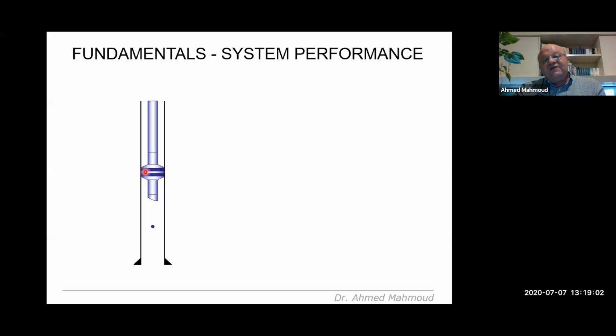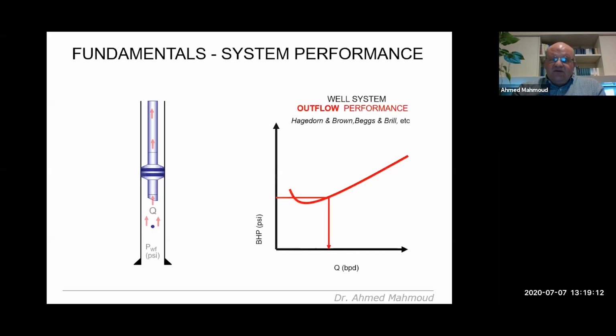So after I have installed a packer and tubing inside the well, my inflow part is now going to start passing the ball to the outflow. And the outflow curve is actually a representation of the path, the path the oil will take from in front of the wellbore all the way up to the surface.